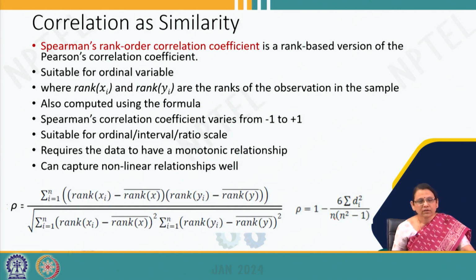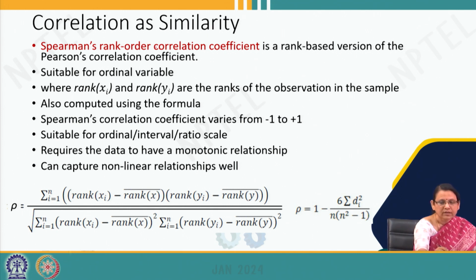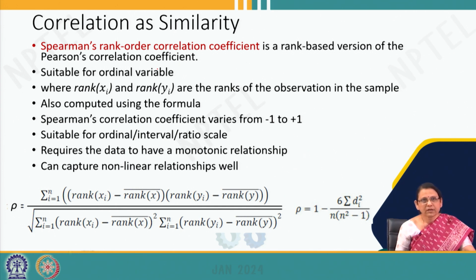Now, come to the second approach to correlation based coefficients, called Spearman's rank order correlation coefficient. The benefit of Spearman's rank correlation coefficient over Pearson's correlation coefficient is that it is specifically suitable for ordinal scale, whereas Pearson, though also used for ordinal scale, is most suitable when the data is on some kind of continuous scale.